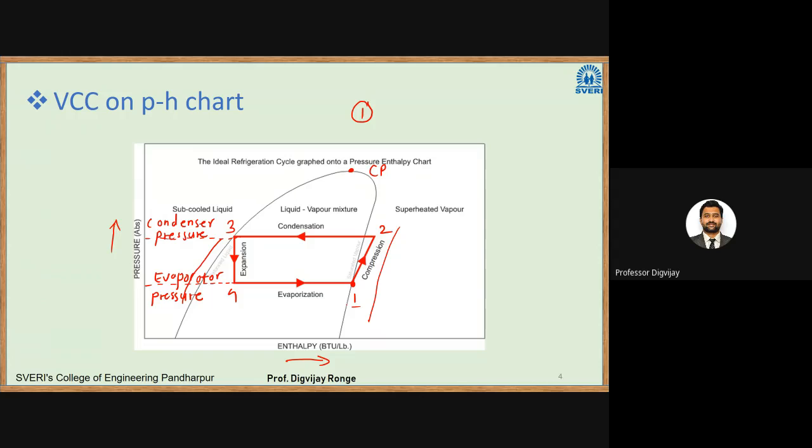So seeing the diagram, you have to identify what is the condition of refrigerant when it comes out of the evaporator or before the compressor in this diagram. So only one answer I have. I will wait for others also.